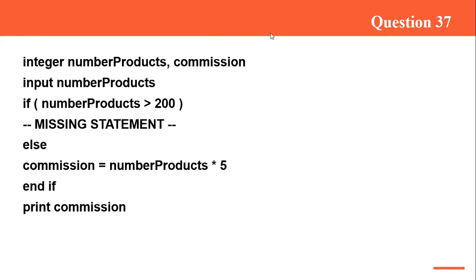Okay, looks like everyone got the answer. So yeah, commission is nothing but number of products sold minus 200 into 10 plus 200 into 5.